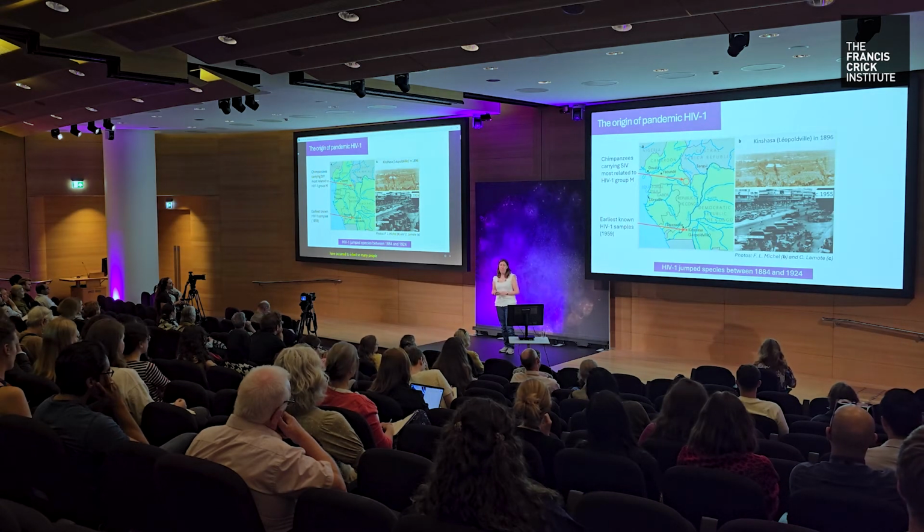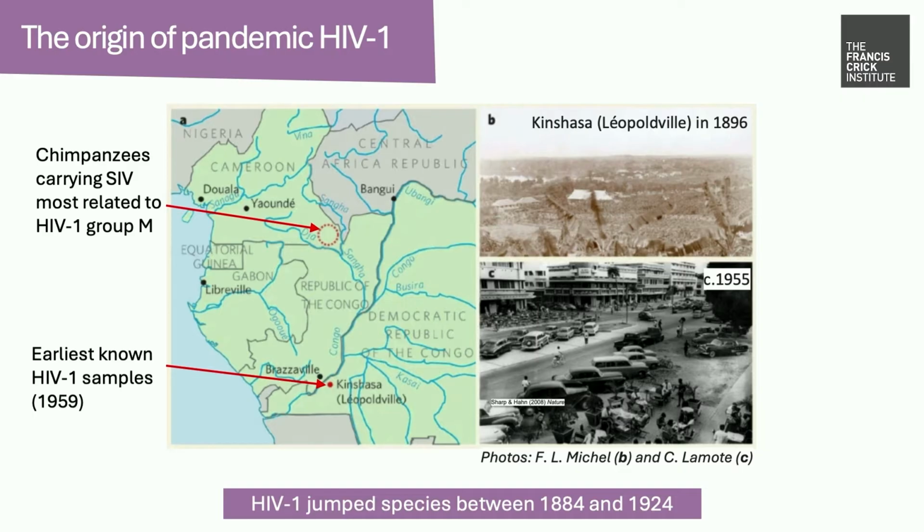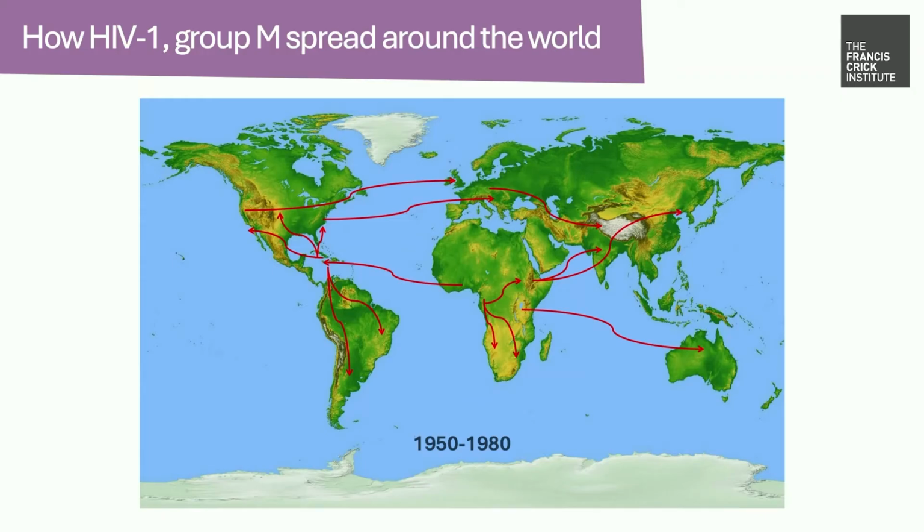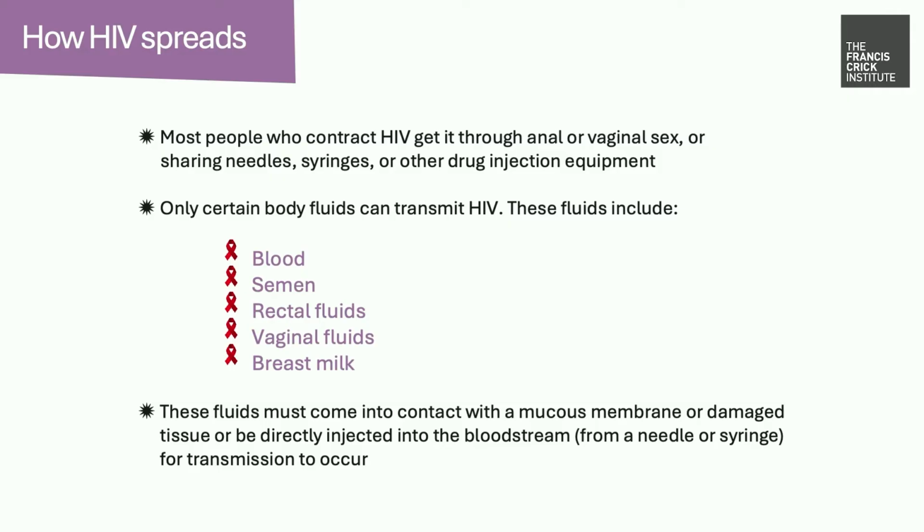So from these origins in Cameroon and passing to Kinshasa and that local area, the virus really has spread around the world. And I think this is a good time to remind you how HIV spreads. Most people contract HIV through sex, but it can also be passed on through sharing needles.